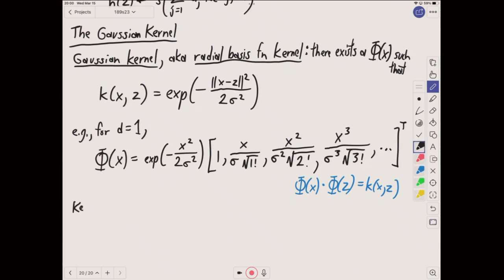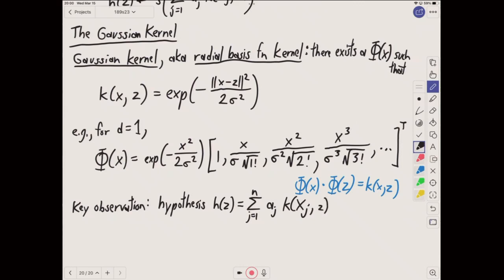The key observation is that if you take this kernel and then do something on it like ridge regression, then the hypothesis is going to be in the following form. Just like it was before, it is a linear combination of kernel functions applied to your test point z. And that is a linear combination of Gaussian functions.